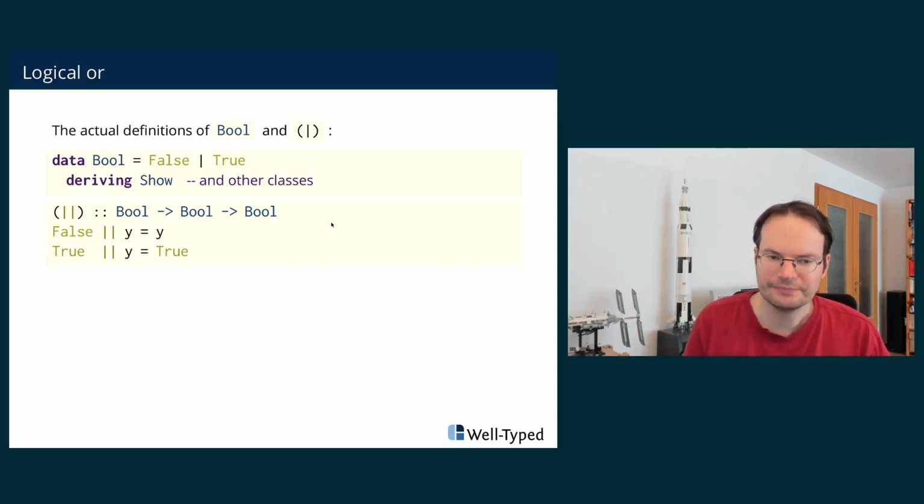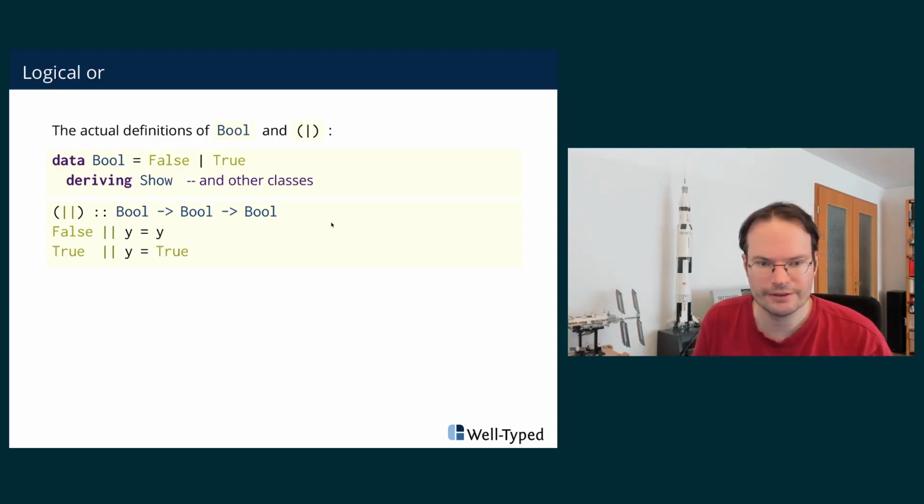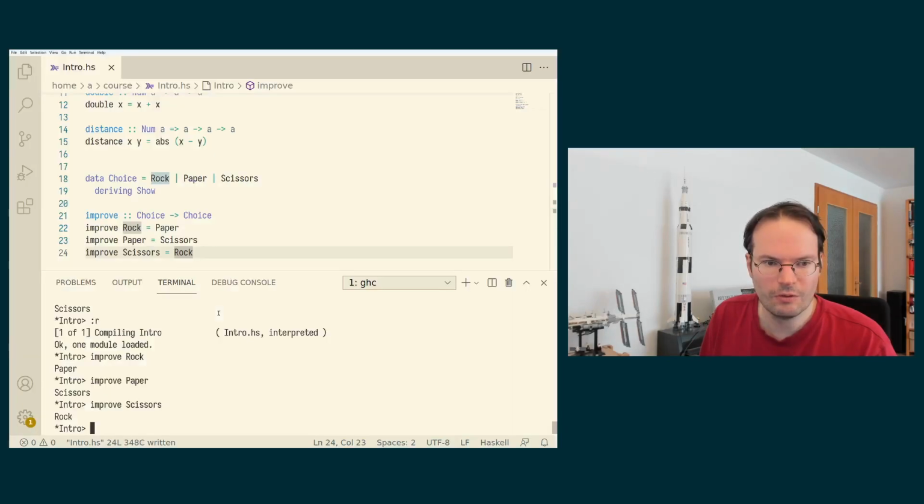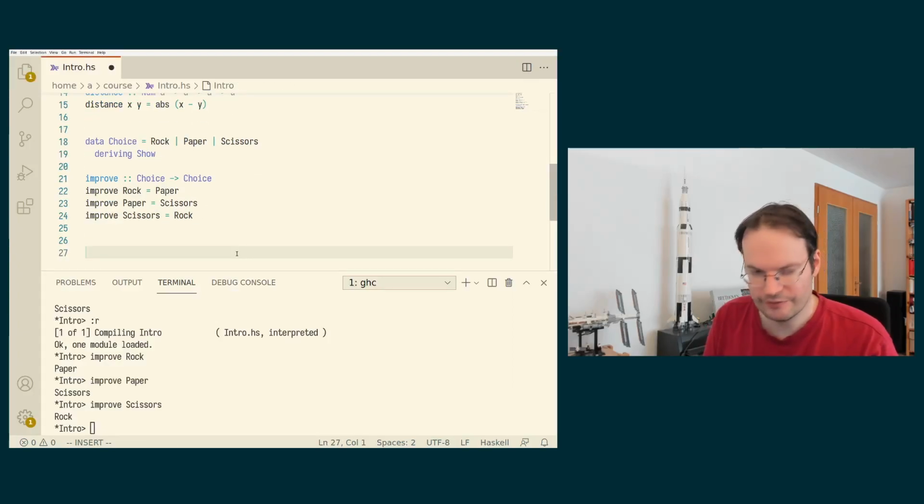So that means that for Booleans we can do the same thing that we have been doing with the improve function. We can define functions using pattern matching. And actually, even before defining this OR function that is shown here, let's just try to define negation ourselves.